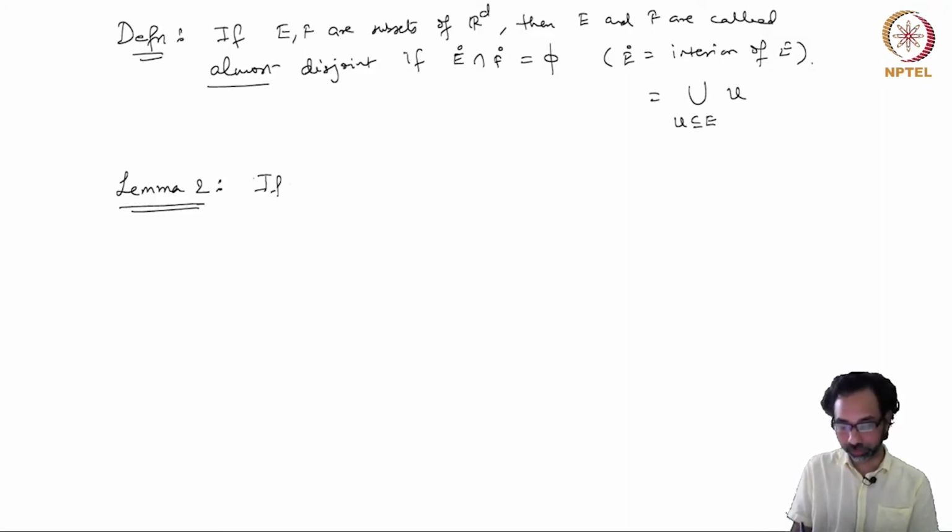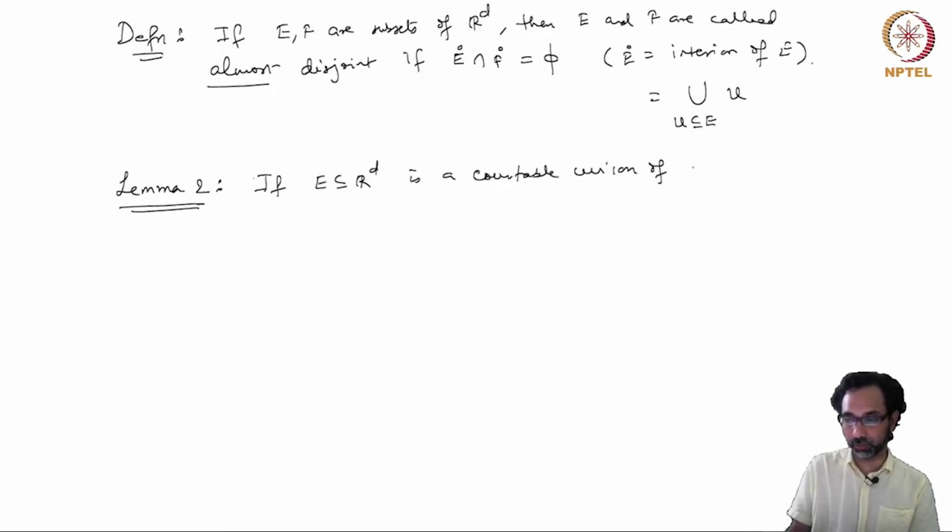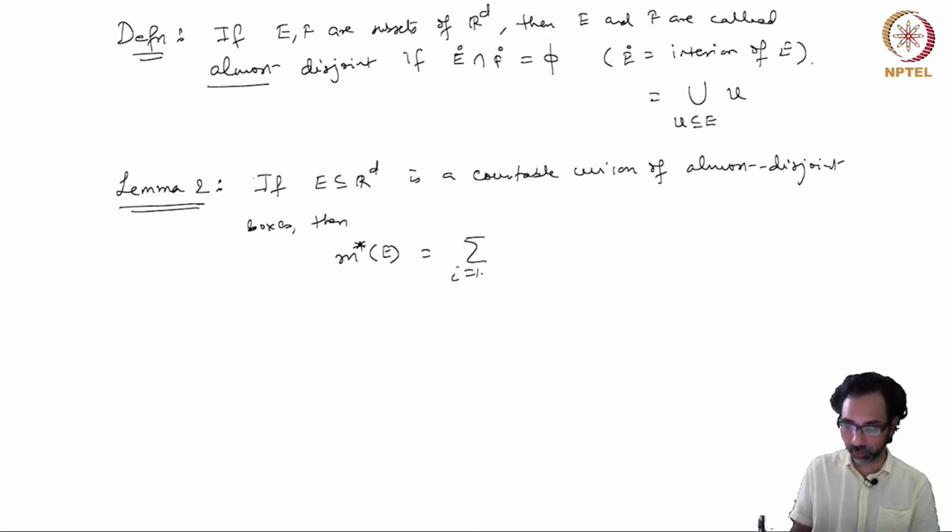If E is a subset of Rd, a countable union of almost disjoint boxes, then the Lebesgue outer measure is given by the sum i equal to 1 to infinity.